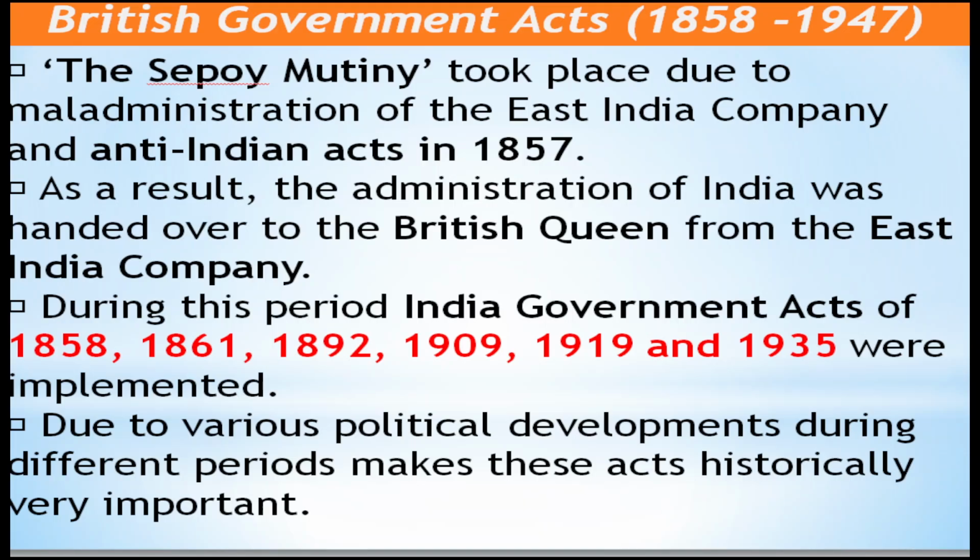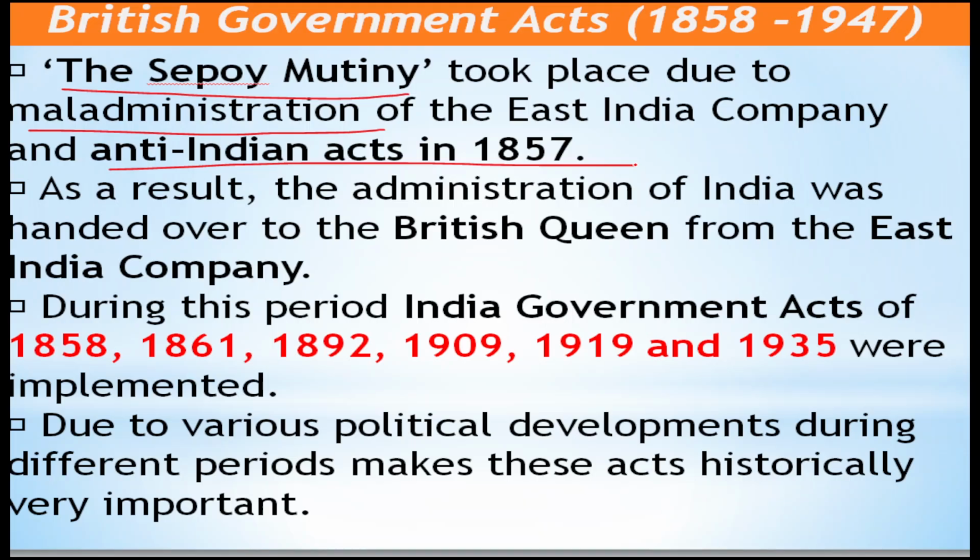After the Sepoy Mutiny, the first war of Indian independence, which took place due to the maladministration of the East India Company and anti-Indian acts, in 1857.